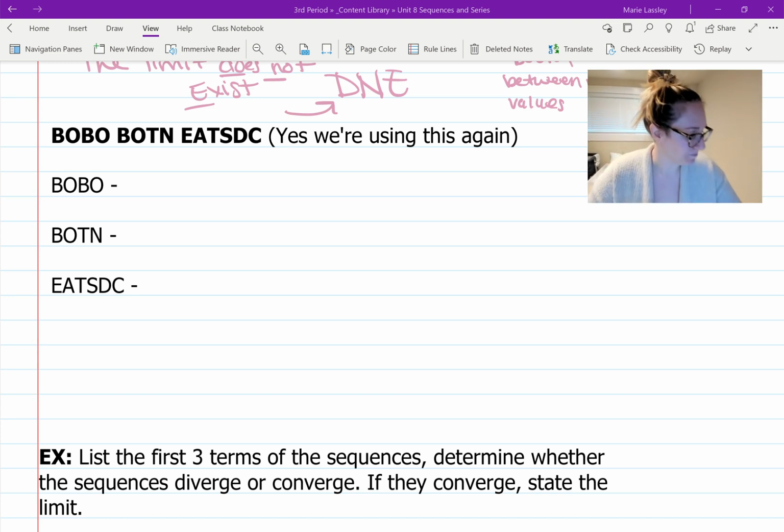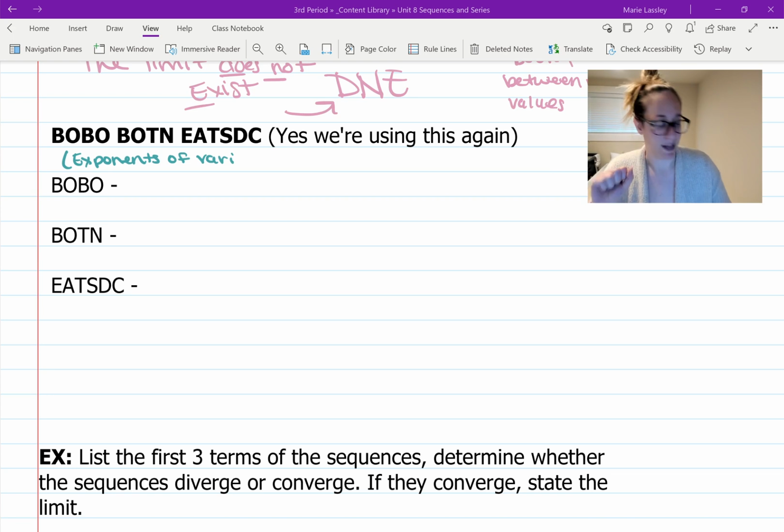So a quick recap. Bobo stands for bigger on bottom, 0. We're looking at our exponents, at growth. Exponents are a good way of figuring out if something's growing faster. When we're talking about things that are bigger, we're looking at the exponents of the variables.